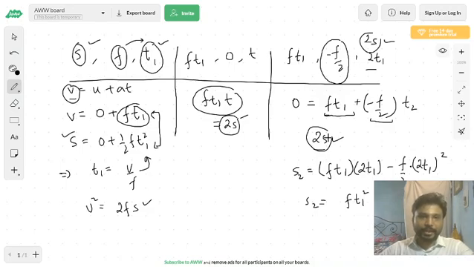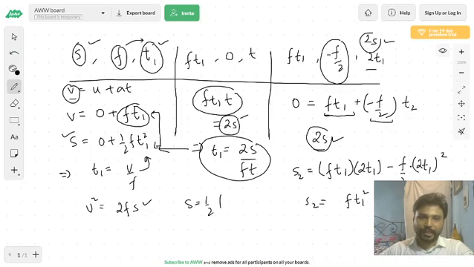We know that s is equal to half ft1 squared and ft1t is equal to 2s. So we can find the value of t1 over here. t1 is equal to 2s upon ft, and we put the value of t1 in any of the expressions which you like. Let's say we put it in this one only. The s is equal to half f and this whole t1 squared, so that would be 4s squared upon 4f squared into t squared.